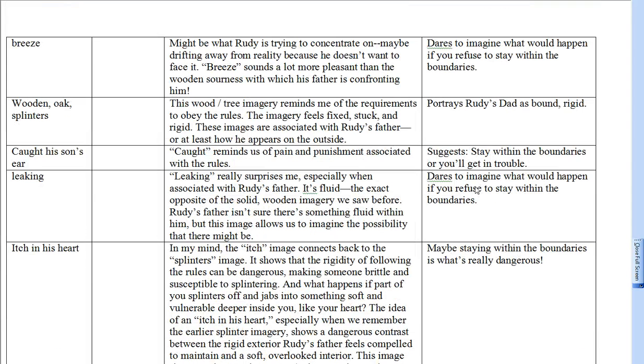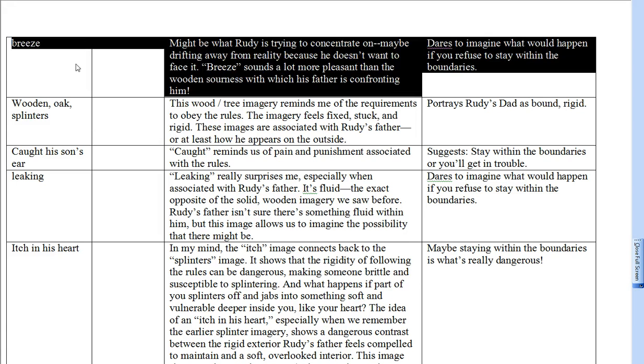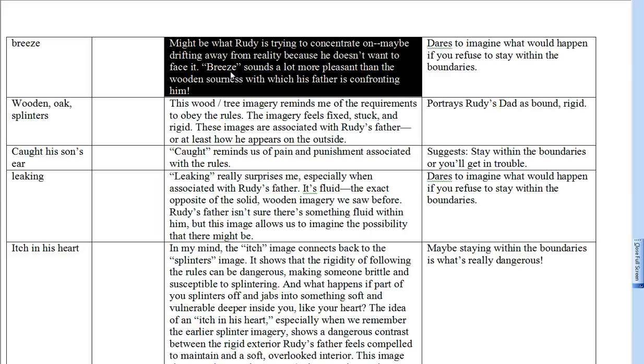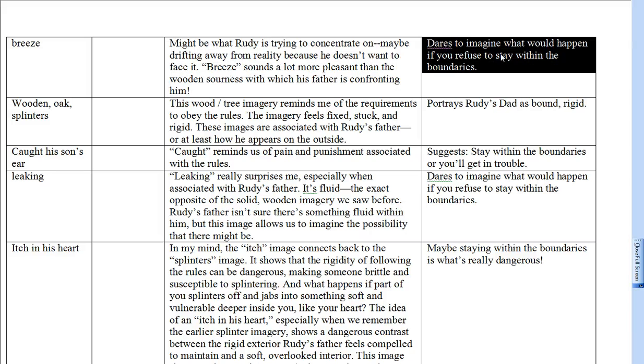Looking at more of the words that I annotated, the pattern is starting to develop and take an interesting twist. Breeze is a word where Rudy seems to be imagining going back to the fantasy, escaping from reality. At least that's the way I thought of it in my observations here. So I put a pattern observation related to boundaries but a little bit different. Maybe he's imagining what happens if you don't stay within the boundaries.